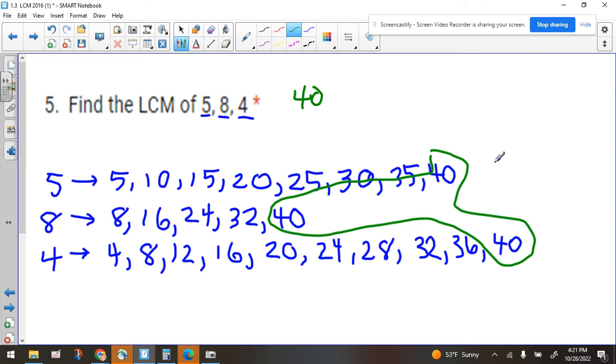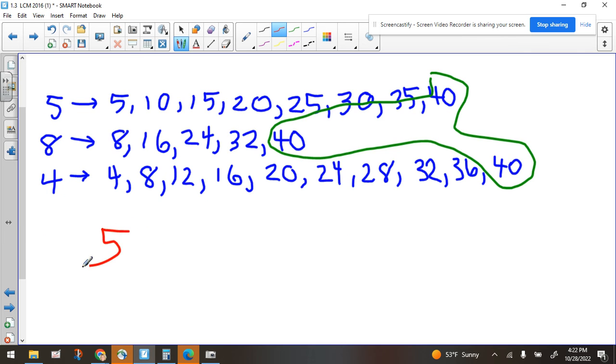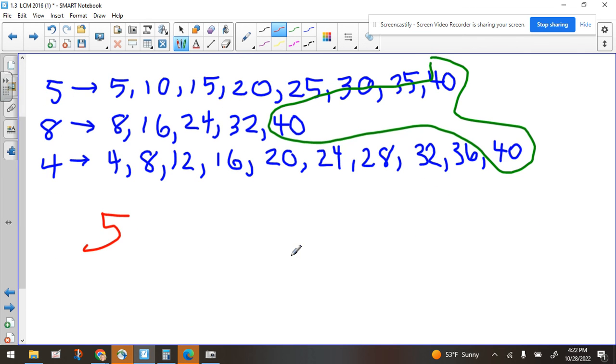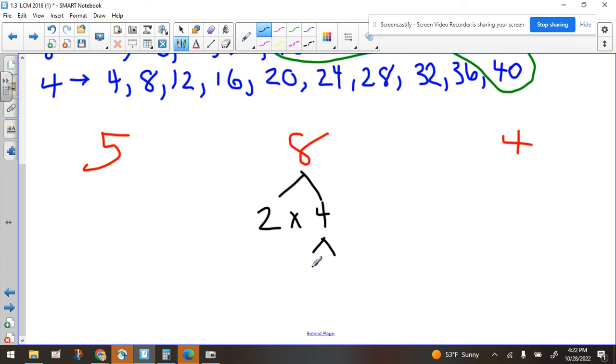Now, that took a little while. So let's talk about how we might use prime factorization to also find 40 as the LCM. Now, if we were to make factor trees for 5, 8, and 4, 5 is prime, 8 we can branch as 2 times 4, and then we can keep going as 2 times 2, and bring down the 2.